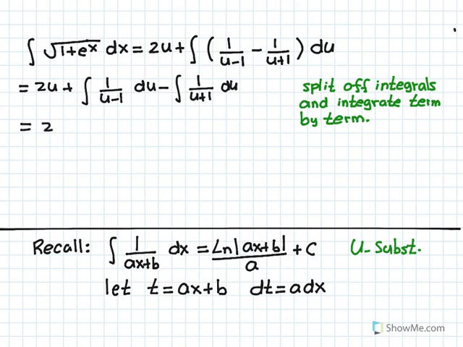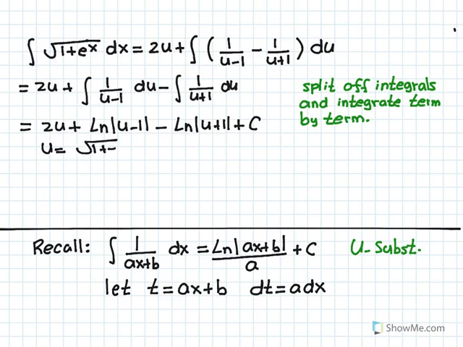So that's 2u plus, what is the antiderivative of 1 over u minus 1? Applying the substitution method, we get log of u minus 1. Similarly, what is the antiderivative of 1 over u plus 1? Applying u substitution, we get log of u plus 1 plus c.